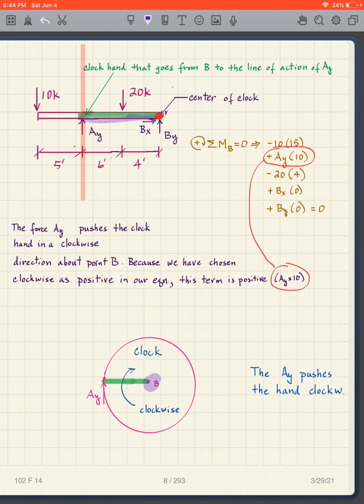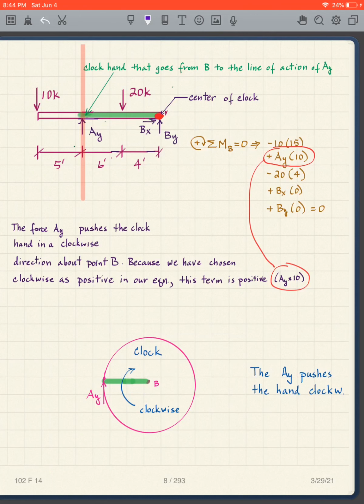Here's our hand of our clock. But now my force A is going upward, which causes that hand to go in this direction, which is clockwise, which means it's positive. So it's AY times 10, but it has a positive sign because it's going clockwise. And we're taking clockwise being positive.